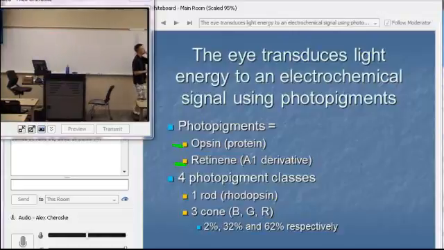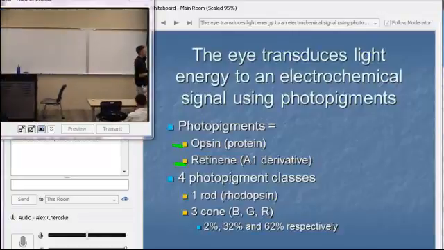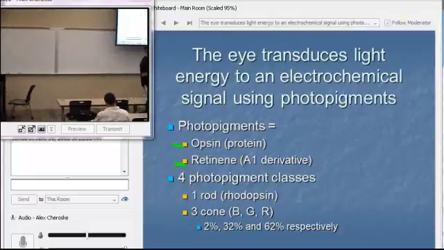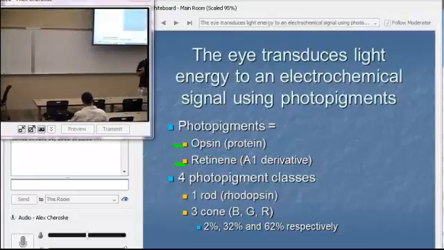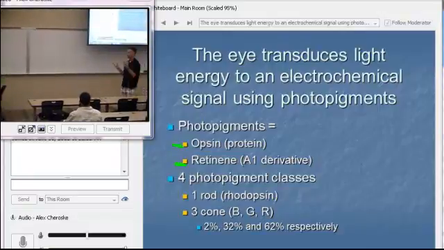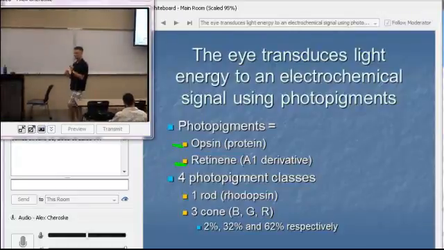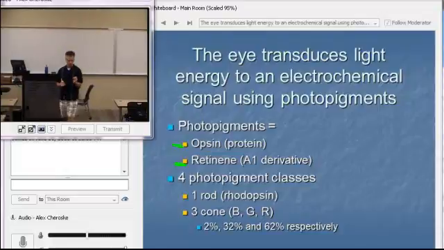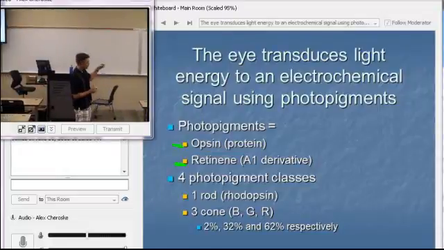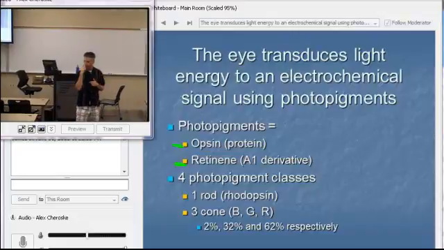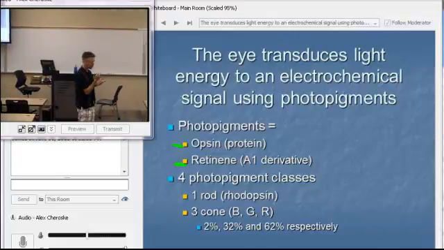And that retinine comes from vitamin A, right? So vitamin A is also known as carotene. Retinine is a molecule that is chemically changed just a little bit from the original carotene, from the original vitamin A, and that's where we recycle and reproduce that retinine molecule in all of your different photopigments and all of your different photoreceptors.